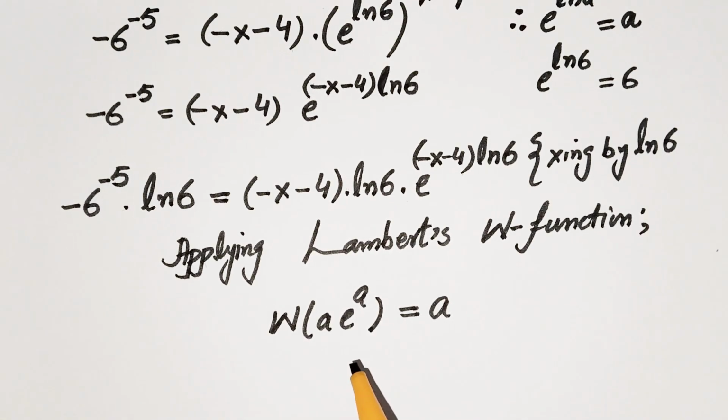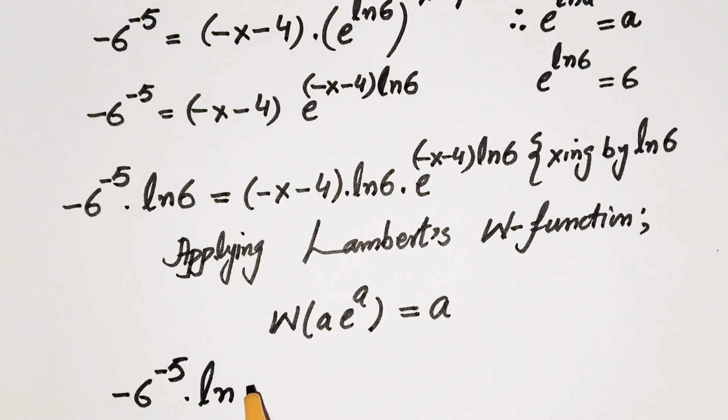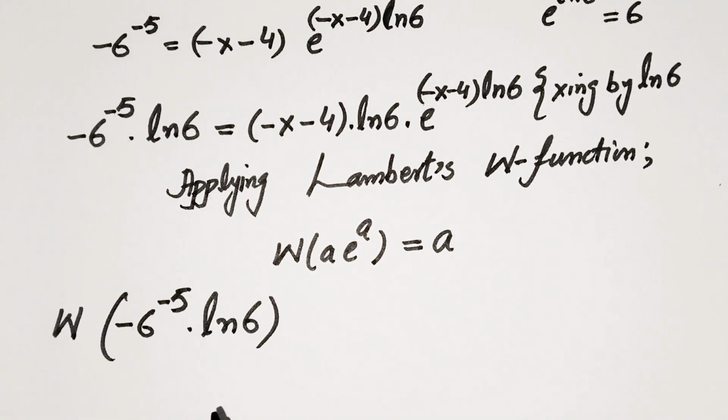Now according to this law, then this step will be minus 6 to the power minus 5 times natural log of 6. Now applying this W function, Lambert W function, it is our left hand side.